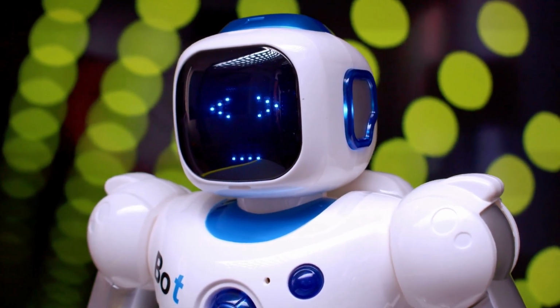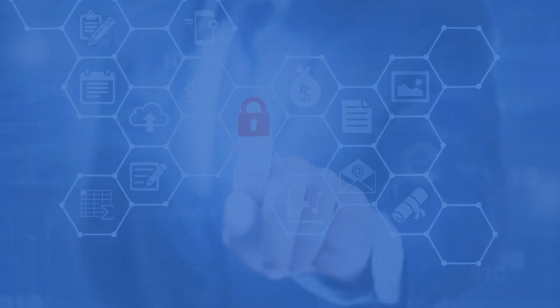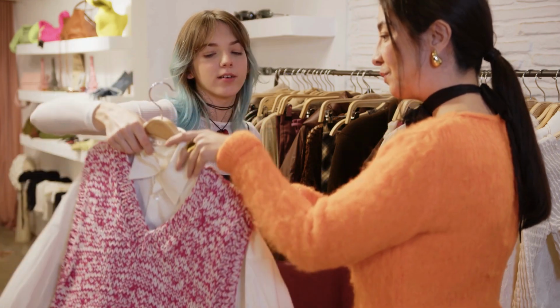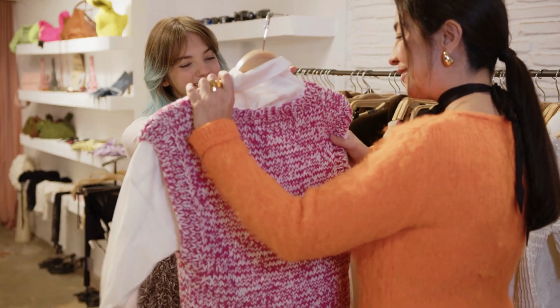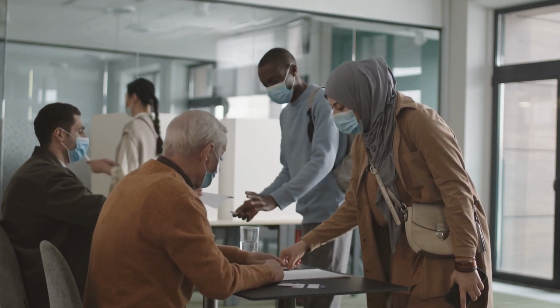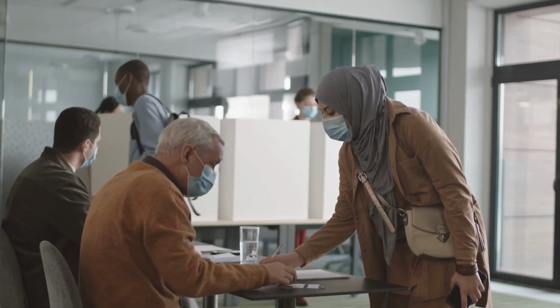One of the most important uses of data is to draw conclusions and make predictions. For example, businesses analyze sales data to identify customer preferences and forecast future demand. While governments use census data to plan public services and allocate resources efficiently.